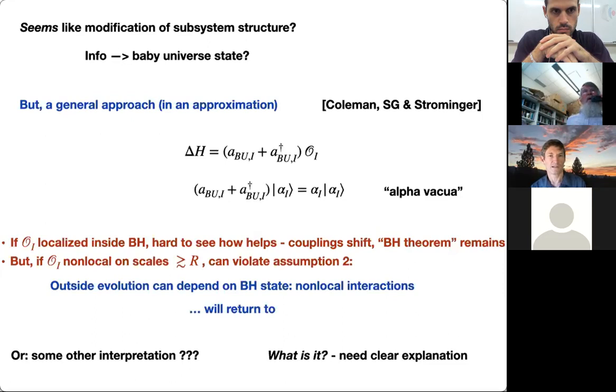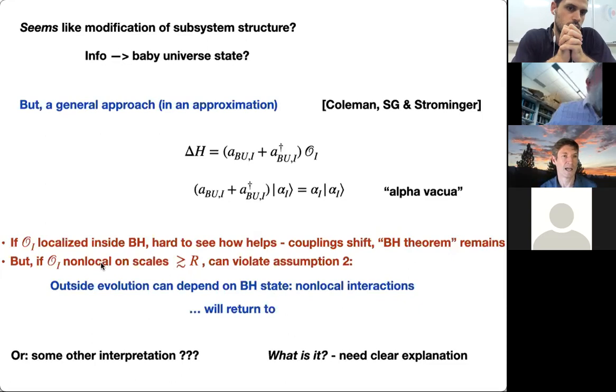And in fact, this kind of process was studied in a fairly general way in an approximation, which could be important, in this work long ago of Polchinski and myself and Strominger, on baby universe emission. Essentially, you can summarize the effects of these baby universe emissions in terms of a term, say in the Hamiltonian, that corresponds to annihilation or creation of the baby universe.